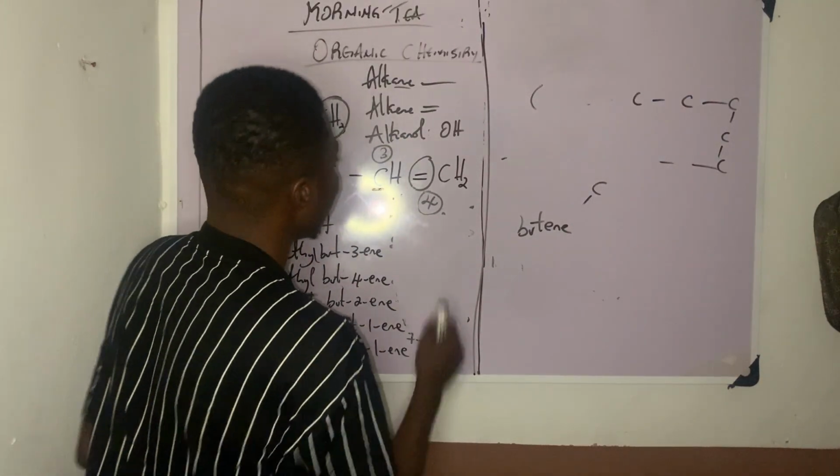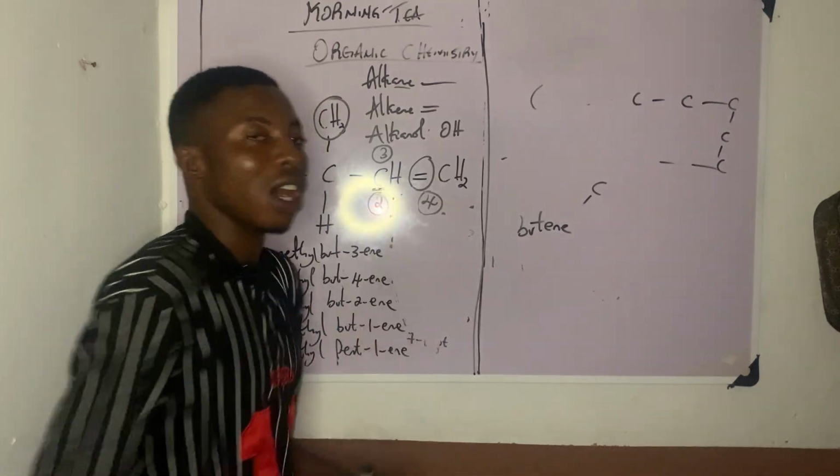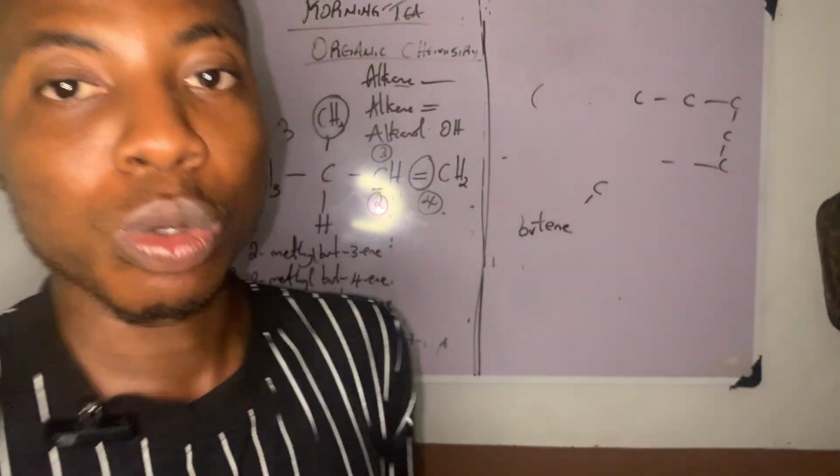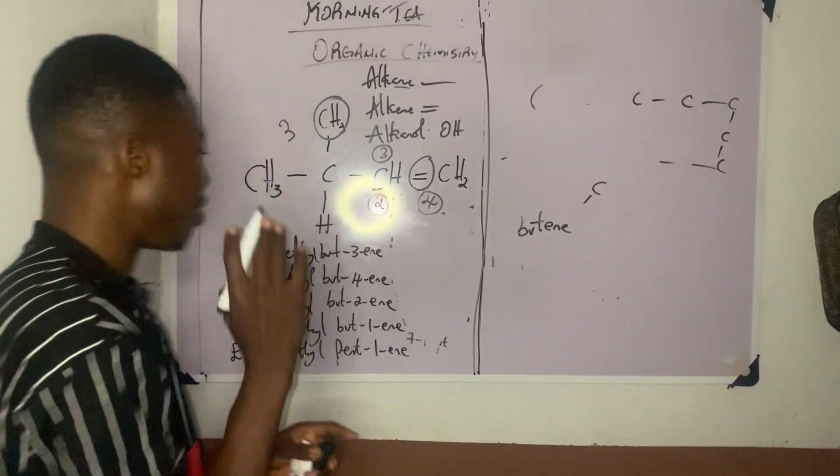Okay, let's count like this: 1, 2. That means this is found at what? Number 2. So which one will you choose? You will choose number 2. That's the first thing to know.